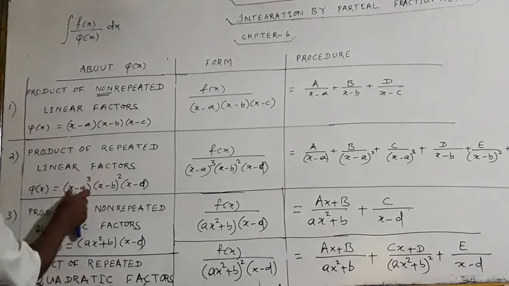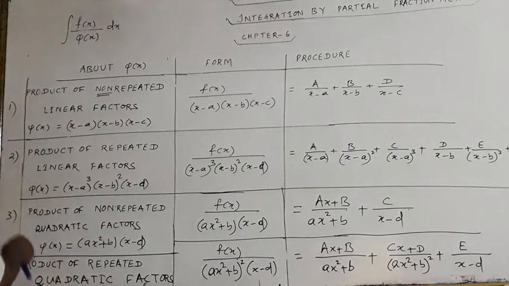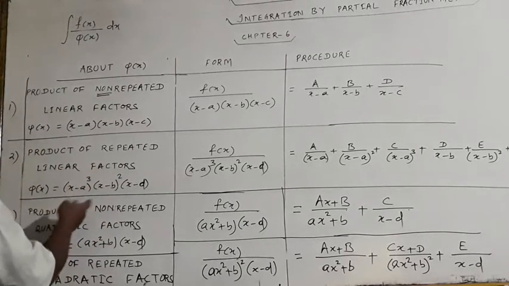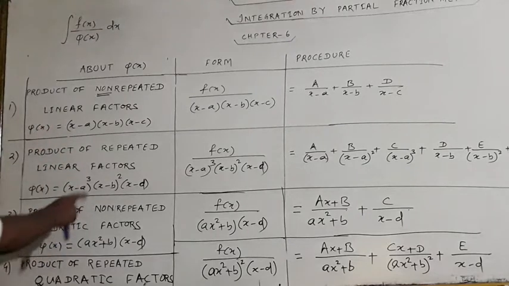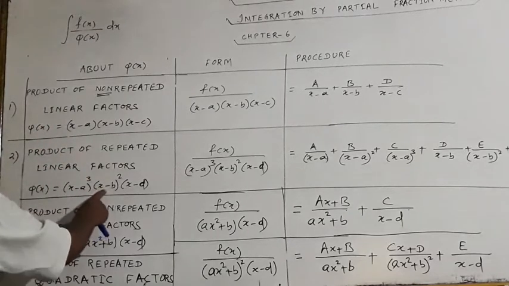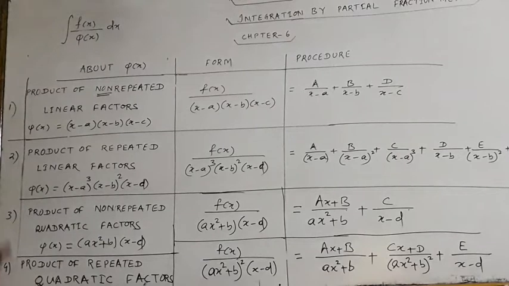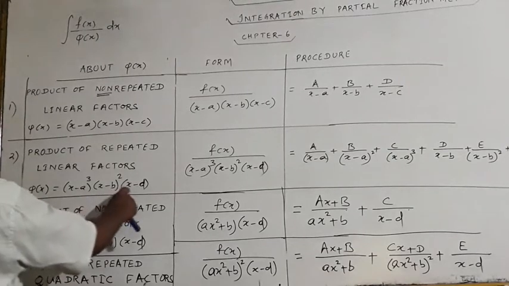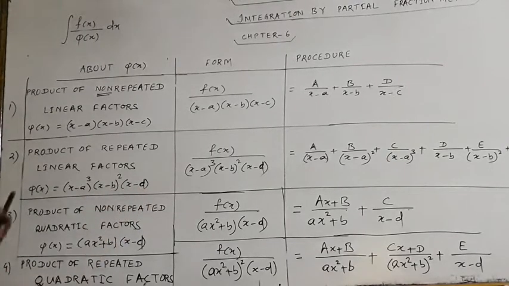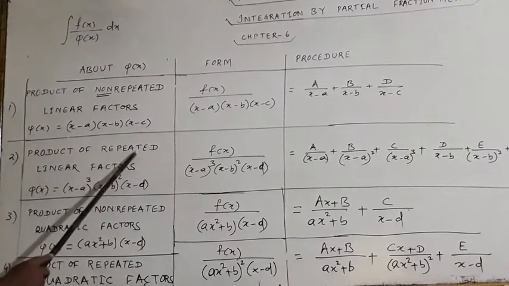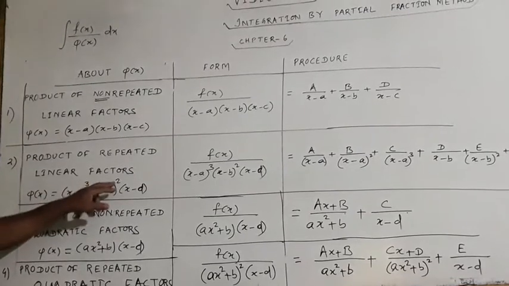Means x minus a is multiplied 3 times. x minus a into x minus a into x minus a, and x minus b into x minus b. Here it is x minus d. So it is called a product of repeated. Here 3 times repeated, 2 times repeated.